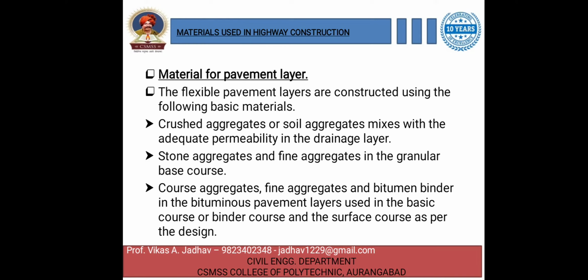And after that, coarse aggregate, fine aggregate, and bituminous binder in the bituminous pavement layer, used in the base course or binder course and the surface course as per the design. So, as per design, accordingly, this material is used for the construction of flexible pavement.